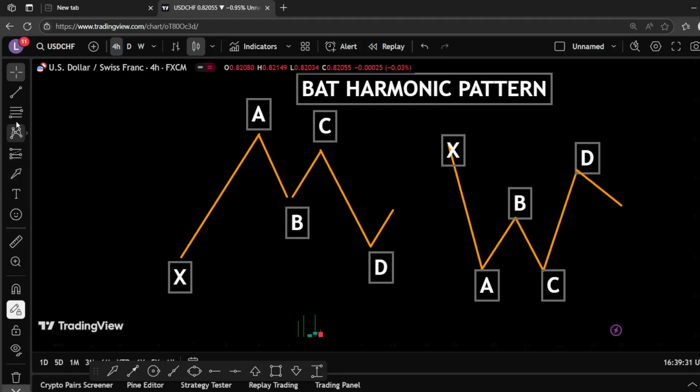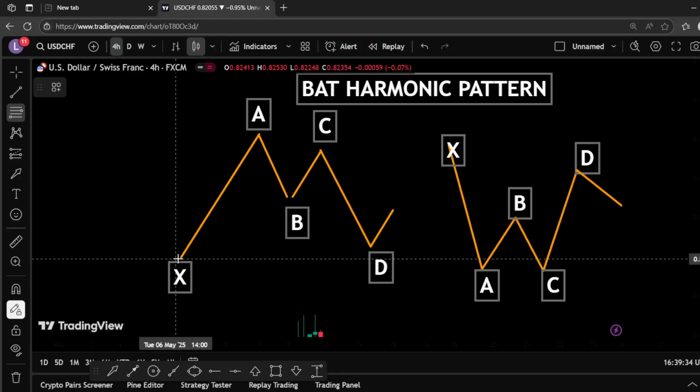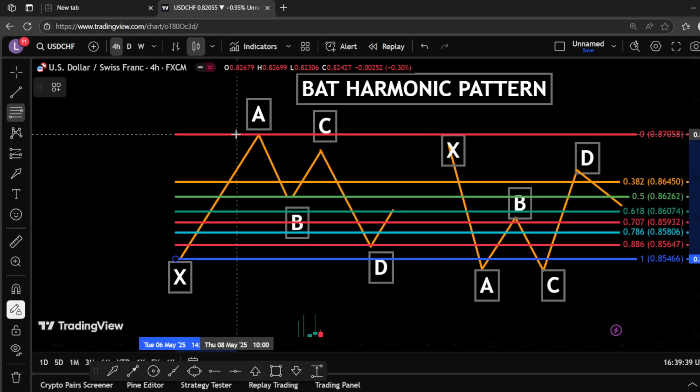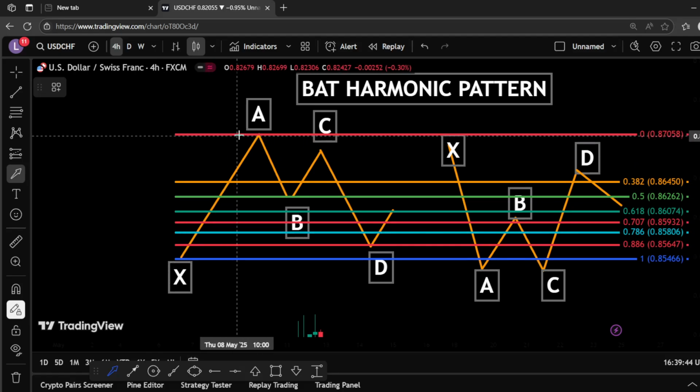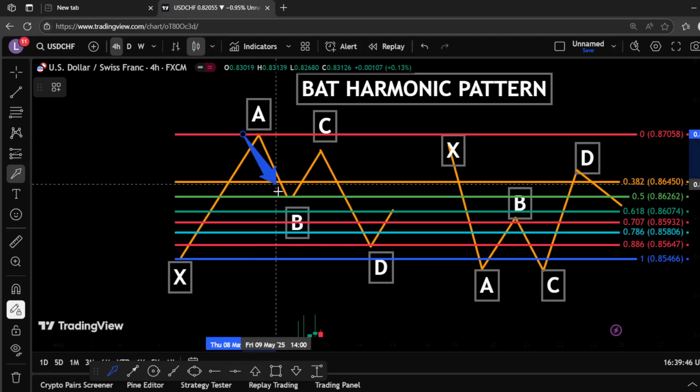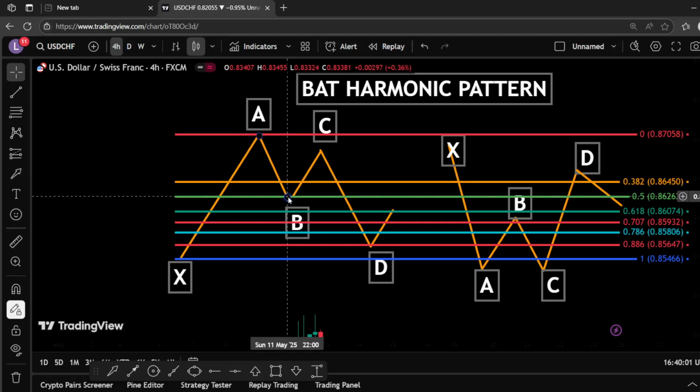This is how you get the numbers. You take your X, which is the first impulsive leg, your X to your A, and then the pullback, identifying your B. This pullback must touch 0.382, and can also touch 0.5, though that's not a must, because for the Bat pattern you need 0.382 or 0.5.